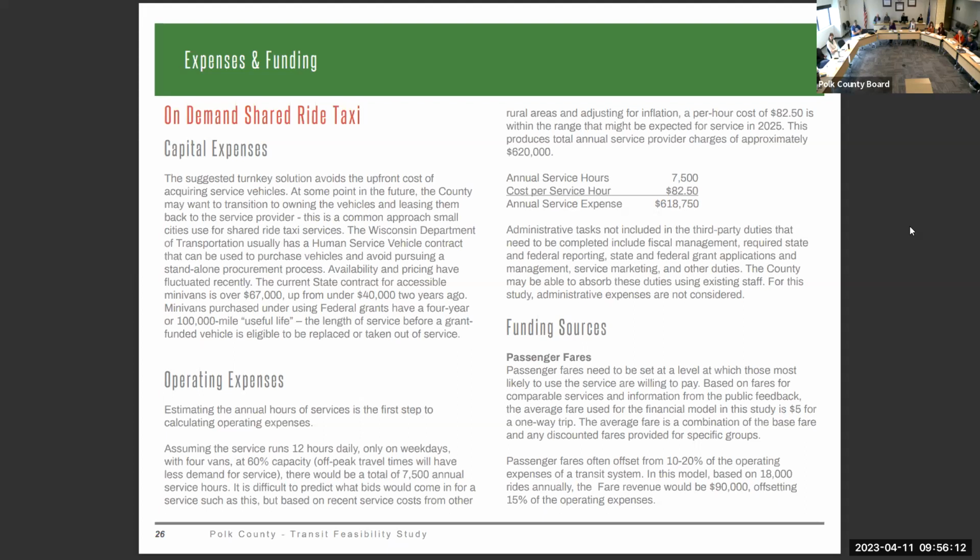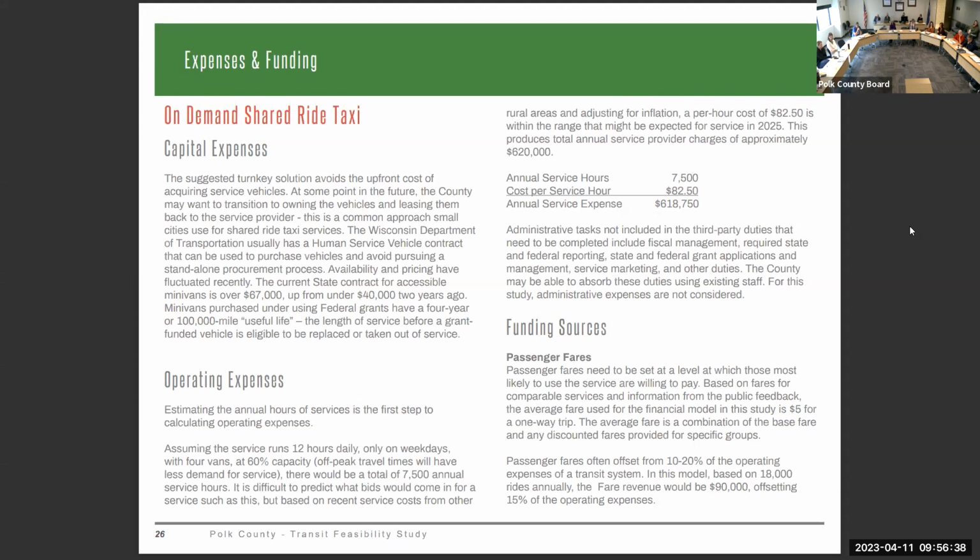And so we'd probably be looking at somewhere in the $80 to $85 range. Hard to tell until you go out and do the procurement and see who's willing to come and bid and work in a rural area. But Running Incorporated runs a lot of the shared ride taxi programs in the state. And so this is based on what I know about their rates and then adjusting for inflation.